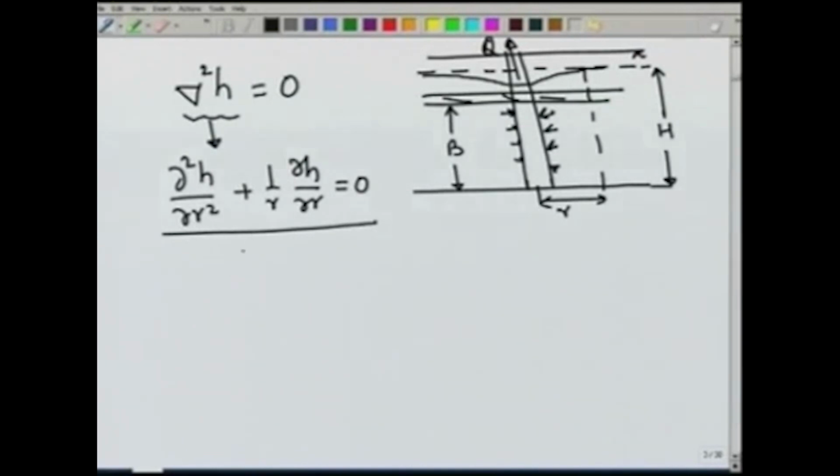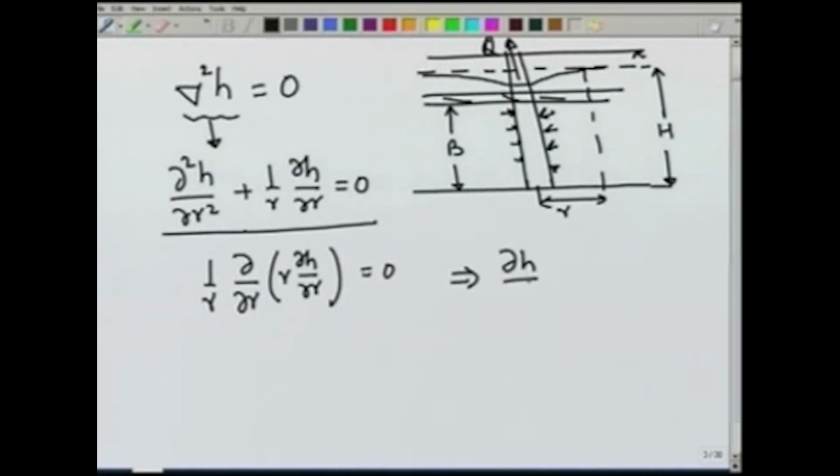To solve this equation, we can write this as one over r del by del r of r del H by del r, equal to 0, and this implies that partial of H with respect to r will be equal to some constant over r, because from here we can say that this will be a constant because its derivative with respect to r is 0.